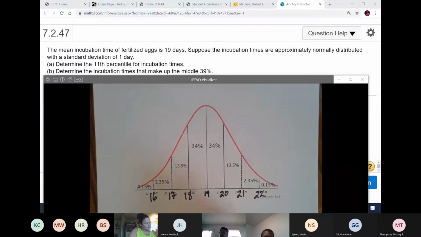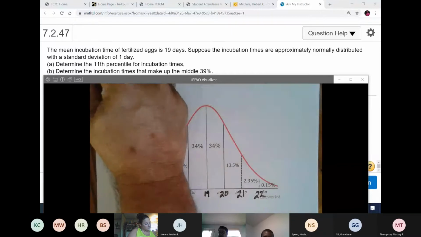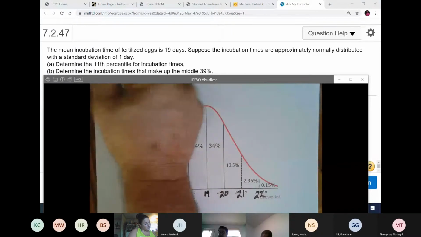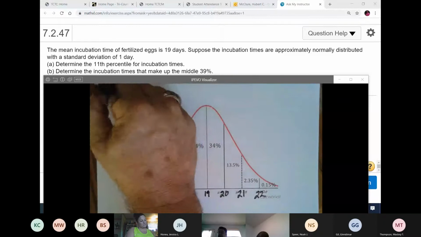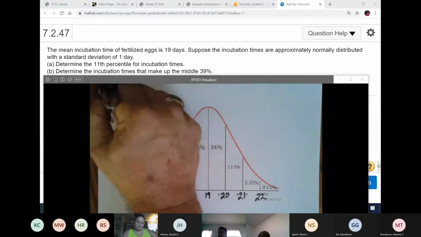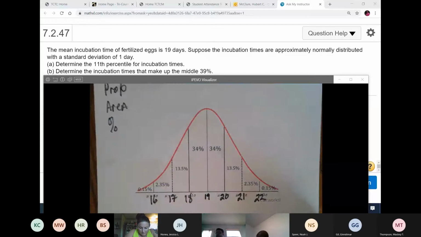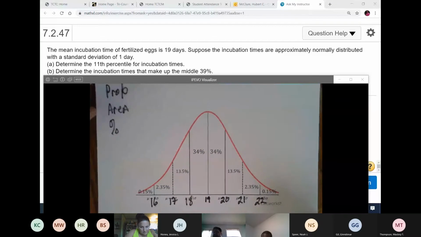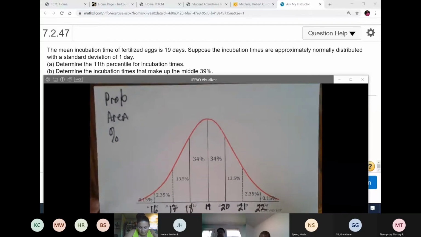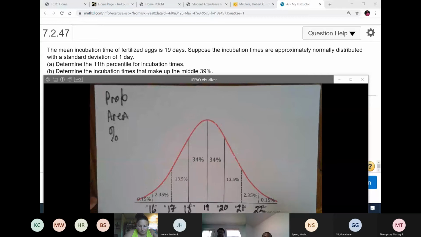Probability, area, and percent. Good. And I told you later on you were going to run into some questions that were going to test that. Y'all remember me saying that? Yeah. I know, I said it.